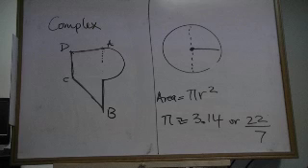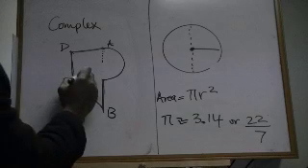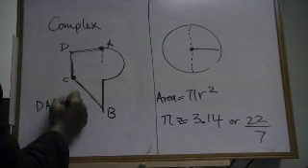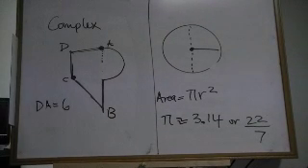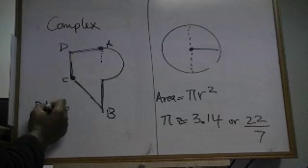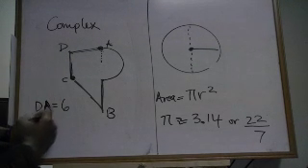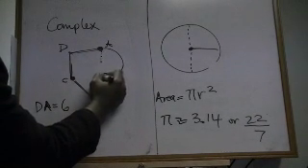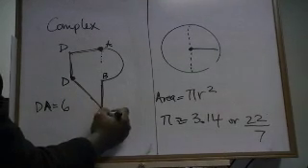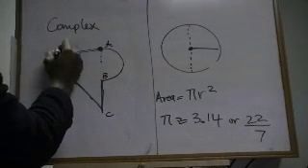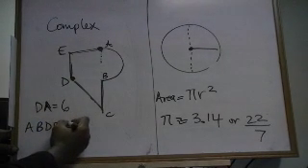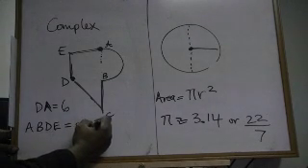Now, if I want to find the area of this right here, of course I have to be given some values. We can say that DA is 6. And then A, B, C, D, E. Okay. ABDE is a square.